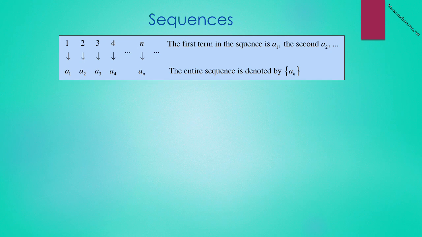So the first member is a sub 1, the second member is a sub 2, the third member is a sub 3, the fourth member is a sub 4, and so on, and the nth member is a sub n. And we will write this as a sequence denoted by the set of a sub n.